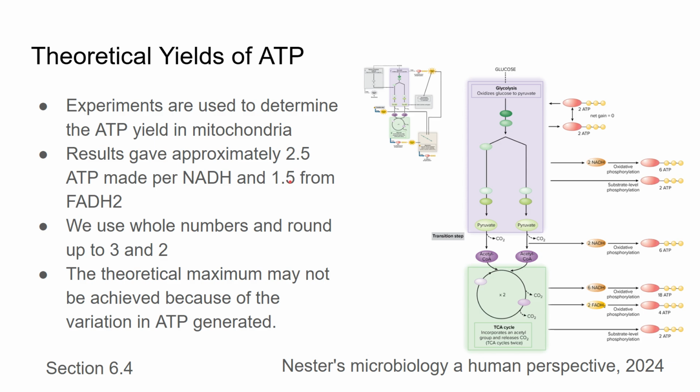So in this textbook, what we're going to do is round it up to whole numbers. So we're going to say 3 ATP made for NADH and 2 for FADH2. So this means that we're going to have a high theoretical maximum, but we might not actually achieve that because we have variations in the ATP generated.